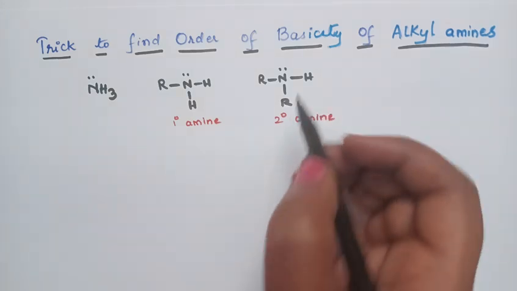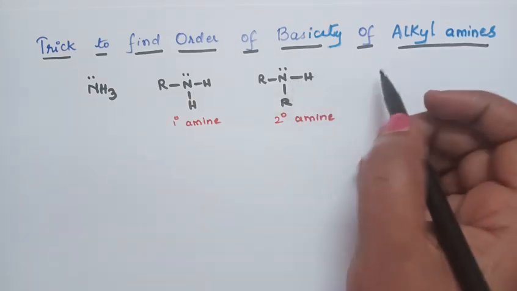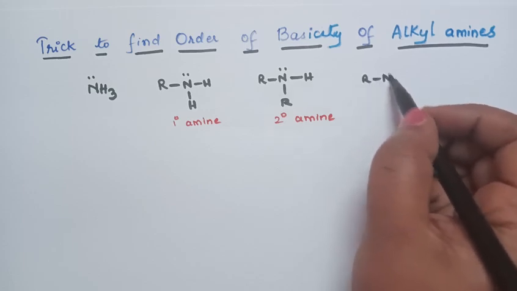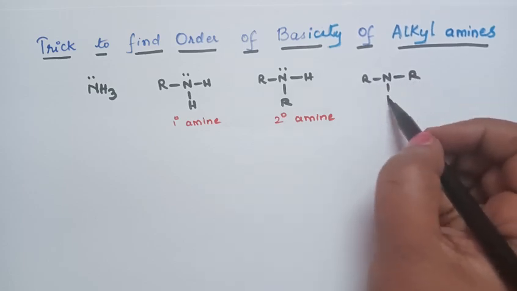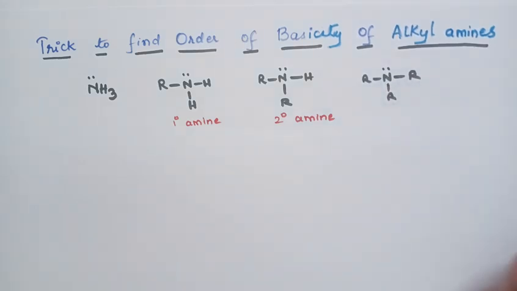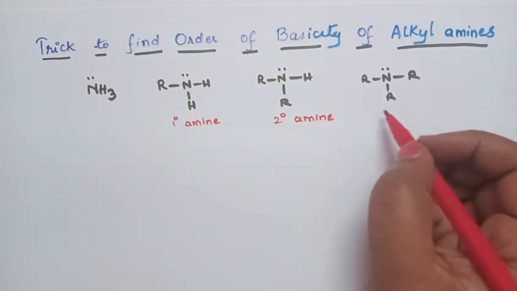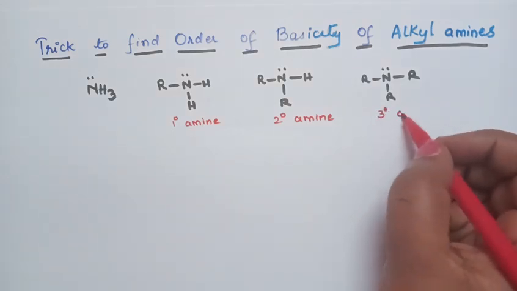And if I replace even this hydrogen with an R group, we get R, nitrogen, R and R, with a lone pair of electrons. This is called a tertiary amine.